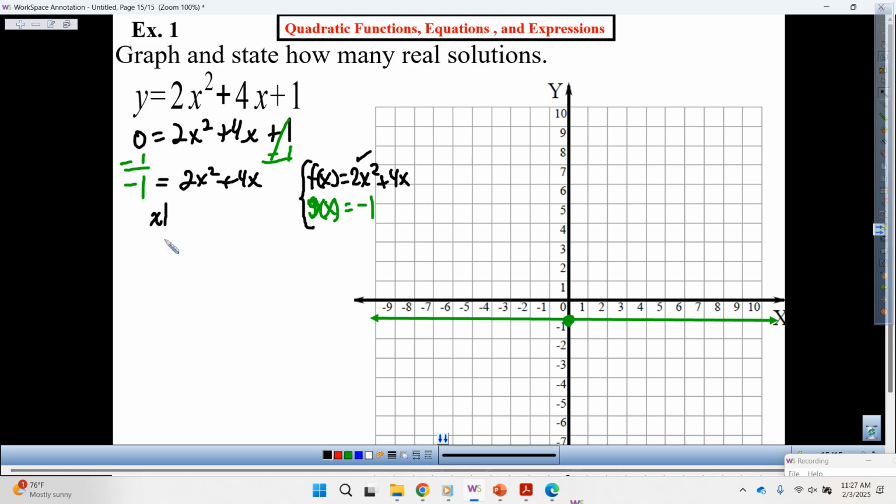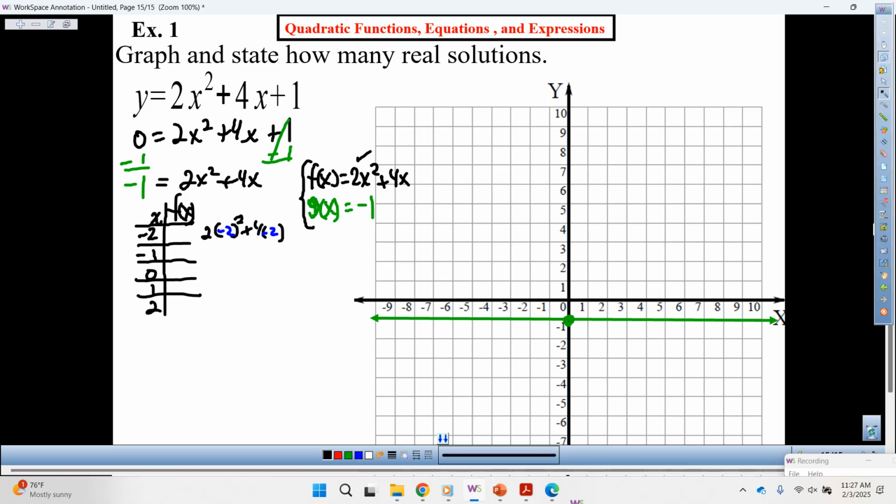So, x, f of x, and what value shall we use? All right. So, let's substitute those in here. So we got 2 parentheses squared plus 4 parentheses. First value is negative 2. Let me zoom in.